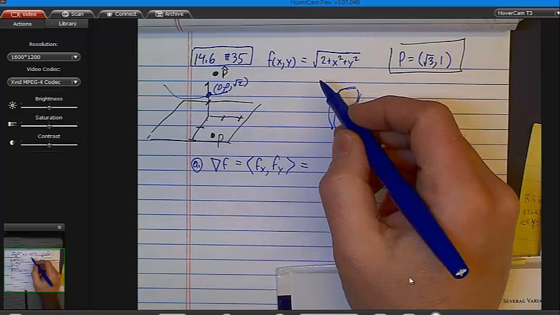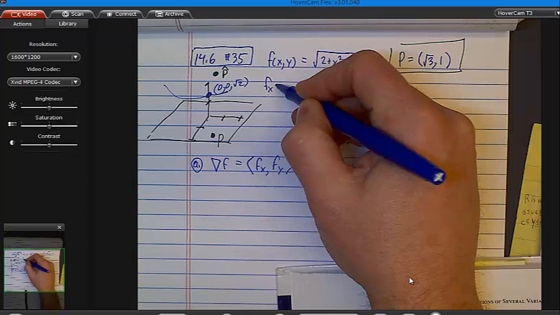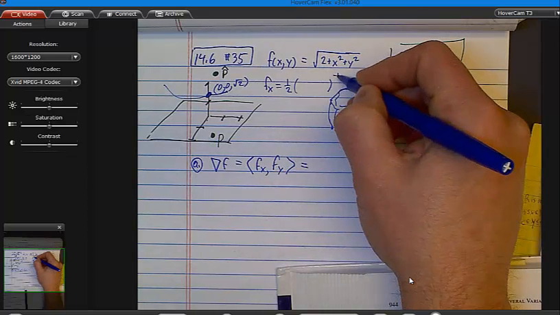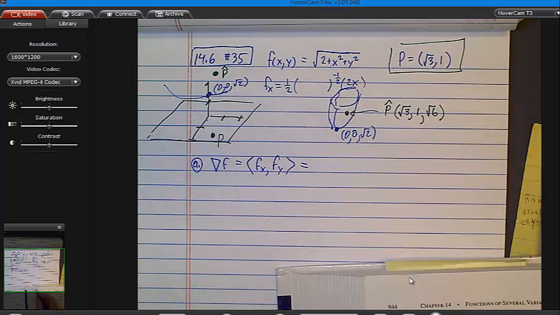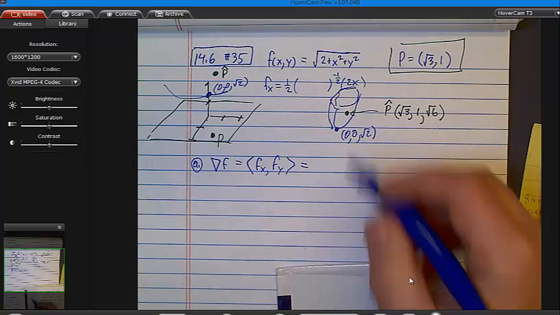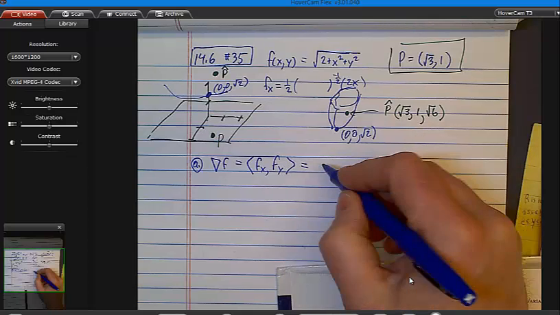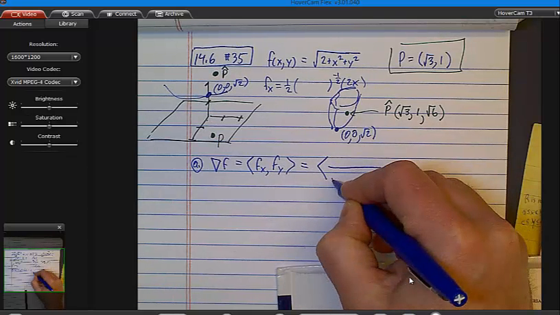Now, by the way, is this one challenging or easy? f x, for instance. Not too bad. 1/2, and then it's stuff to the negative 1/2 times 2x. Of course, when you put something to the negative 1/2 power, that means it shows up in the bottom under a square root.